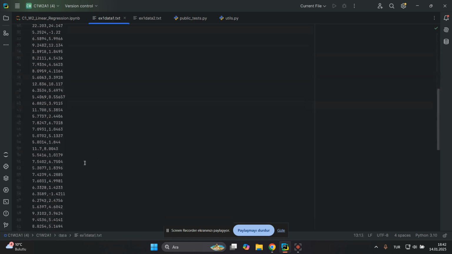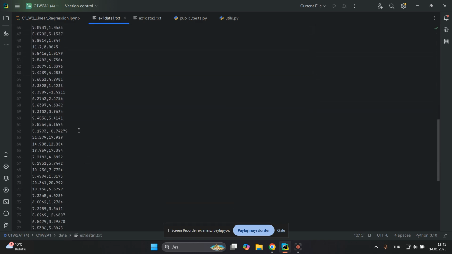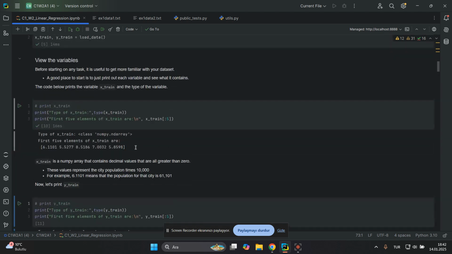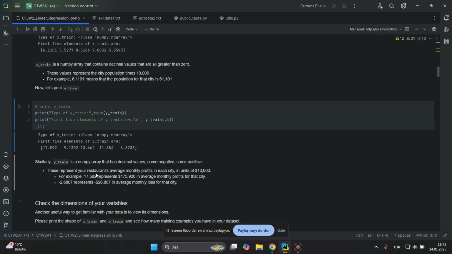And also we got negative values like that. And these represent your restaurant's average monthly profit in each city in units of 10K.